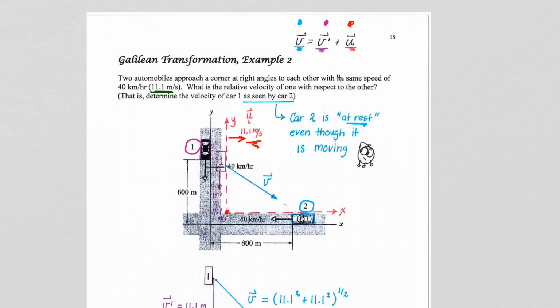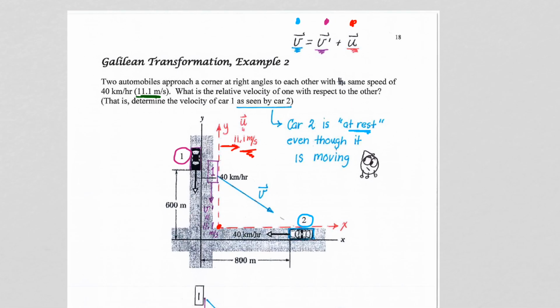Now, the other language you can see in a problem, as seen by, and you may also see with respect to, as it is here. So with respect to, 1 with respect to 2.